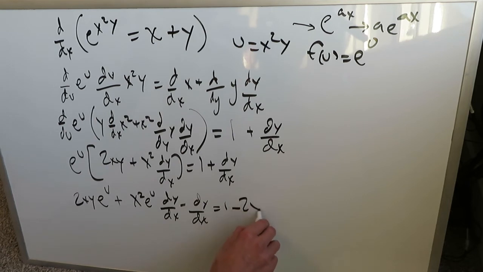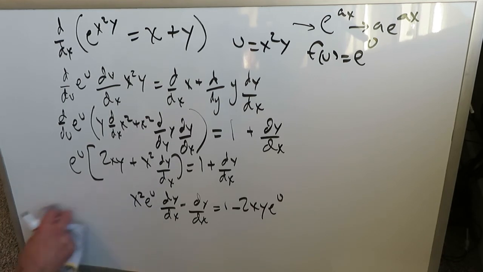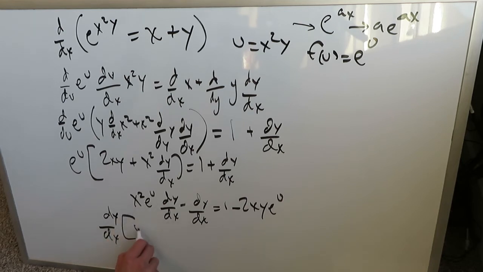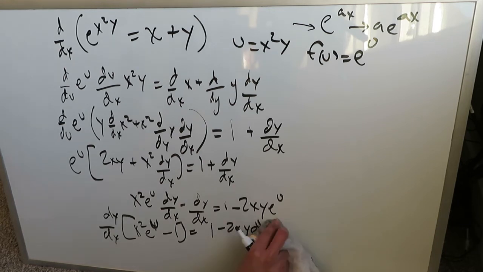It becomes a minus 2xy e to the u, and when we've done that we can erase this aspect over here. Let's isolate the dy/dx. dy/dx times x squared e to the u minus 1 is equal to 1 minus 2xy e to the u. Now in this next step we're going to solve for dy/dx, and we're going to resubstitute.